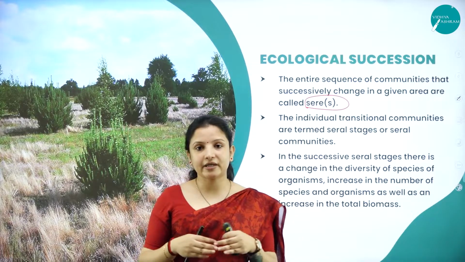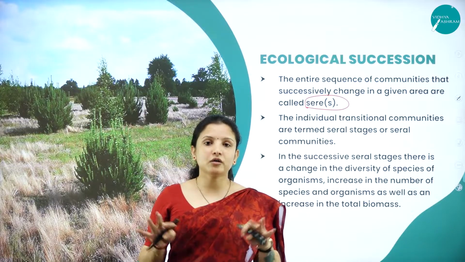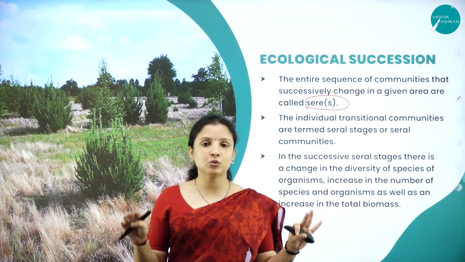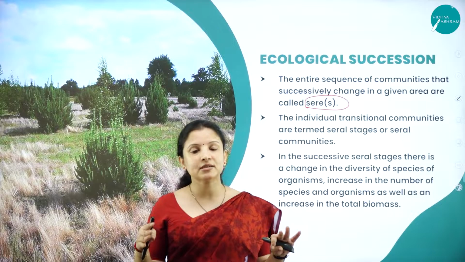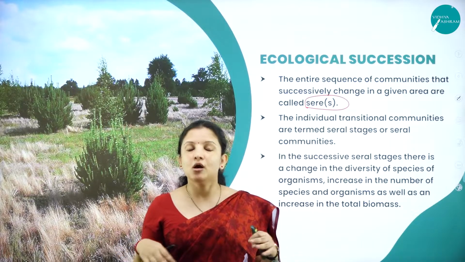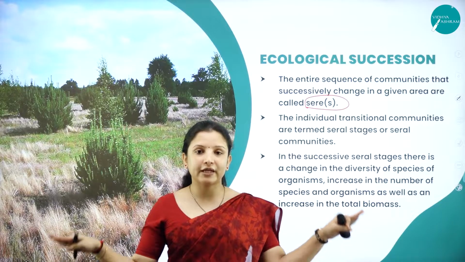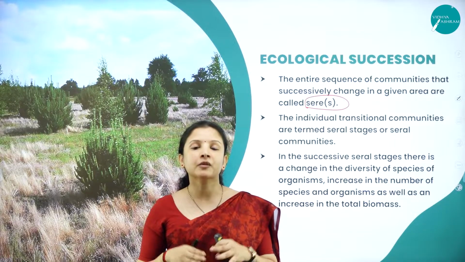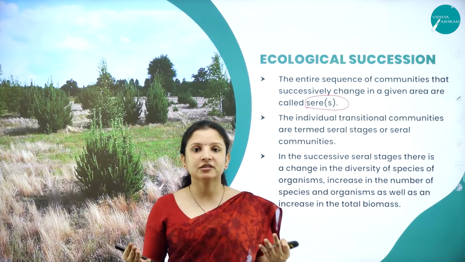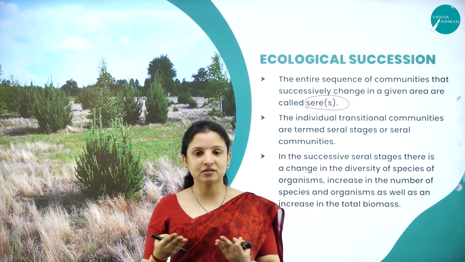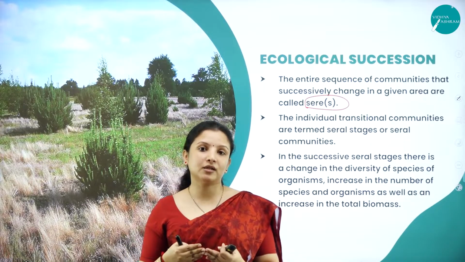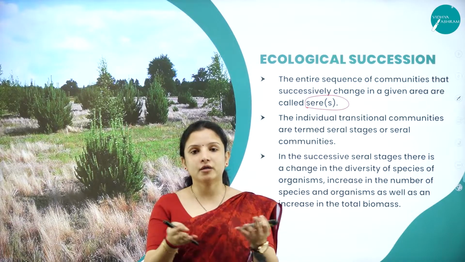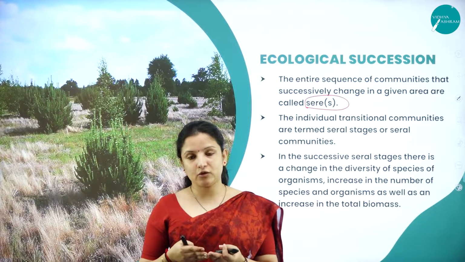And one more example I can take is a pond. That pond will be just a water body with aquatic organisms, that is aquatic animals and plants. Over a certain period of time, because of the continuous accumulation of sediment, a small terrestrial area, an island, will start developing on the pond.